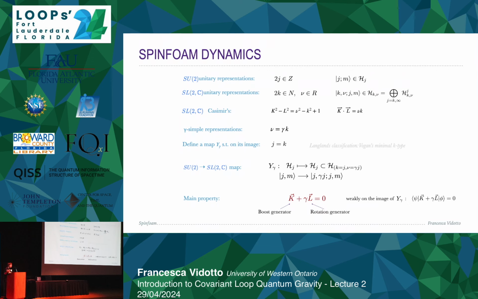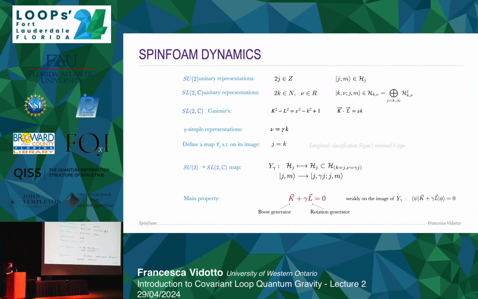So now we know how our old states sit into the new ones in this larger space that we have constructed. So the simplicity constraints is what does this job.